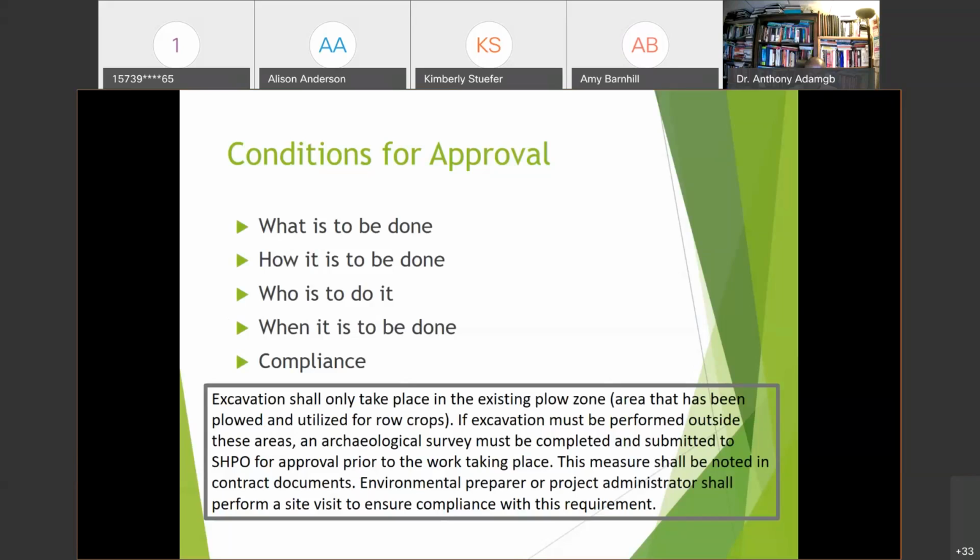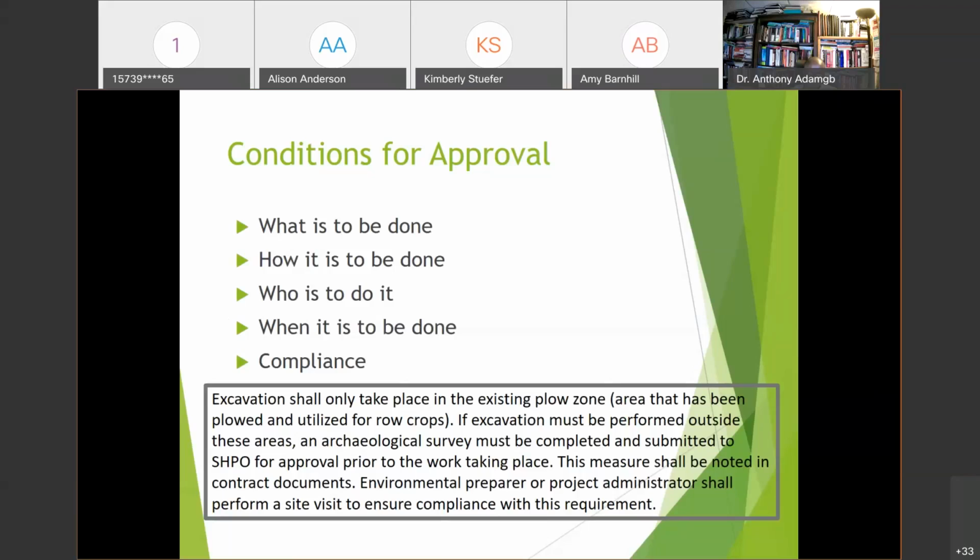If you have, for example, a condition of approval, if you have excavation in an area that's been farmed, you could continue to have excavation there, but if you were to do excavation outside that area, you would need an archaeological survey and it would need to be submitted to SHPO for approval prior to any work taking place.